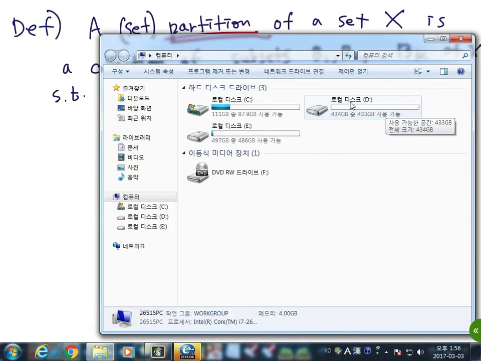Do you want that to happen? Some part of here overlaps with some part here. That's not going to be useful or efficient for using a hard drive, right? So you want to have disjointness. You want to use this region only for E and this part only for D, no overlapping. So this is essential for that.